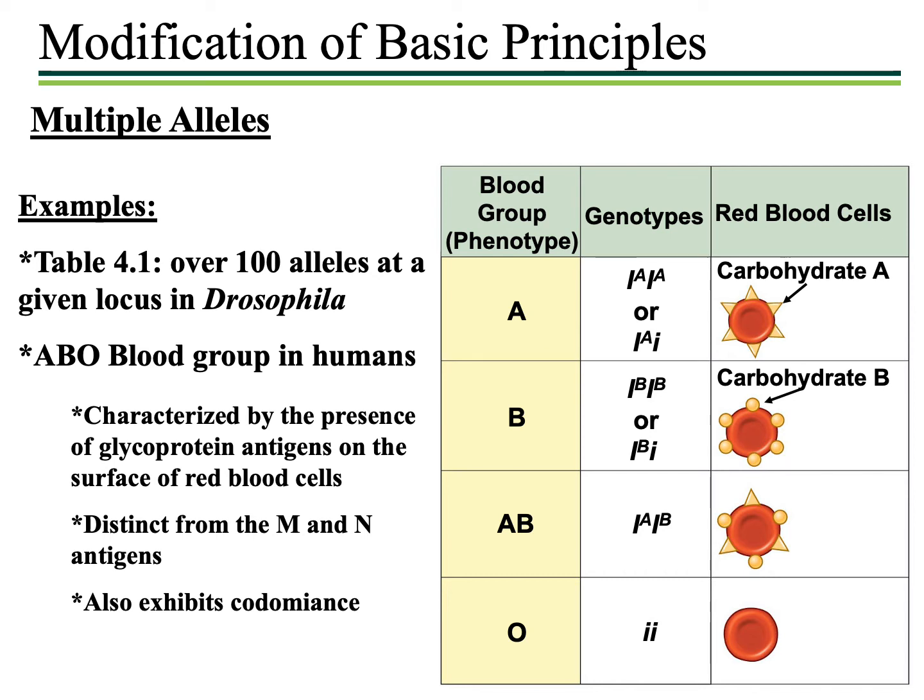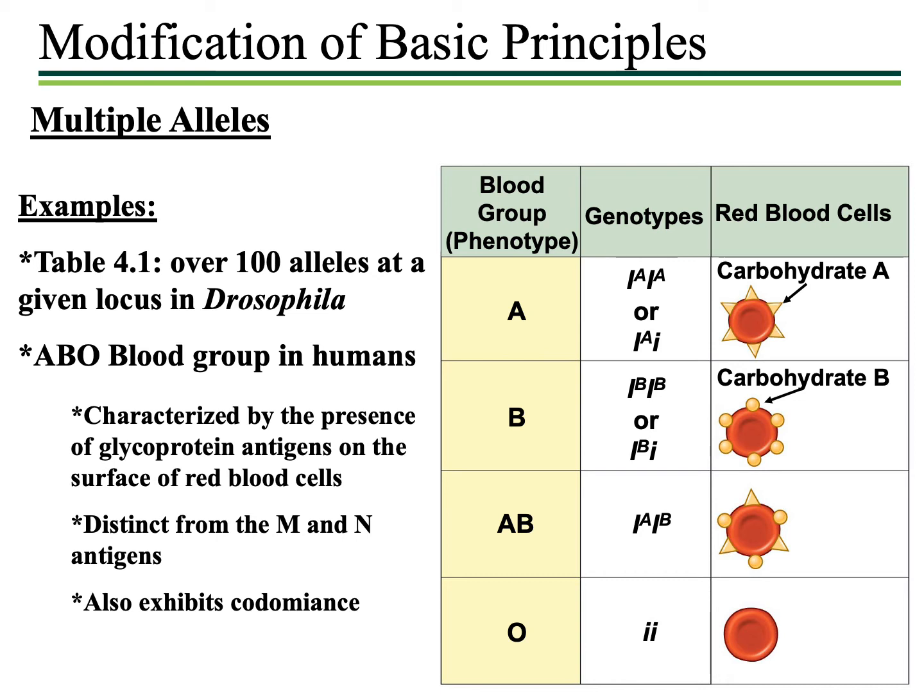Let's take that down a few notches and look at a simpler example by adding just one more allele. So far we've looked at two alleles; let's add one more in a 3-allele system. The classic example of that is the ABO blood group in humans. The ABO blood group is characterized by the presence of a glycoprotein on the surface of the red blood cell.